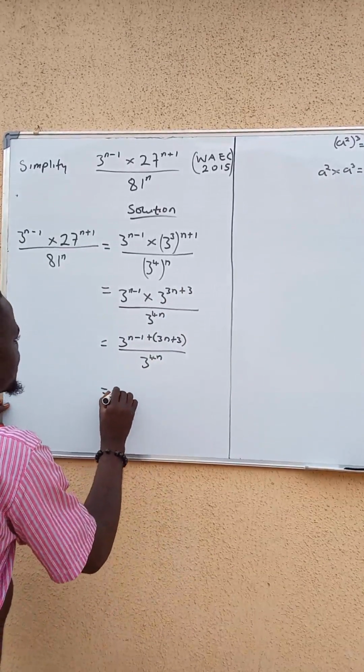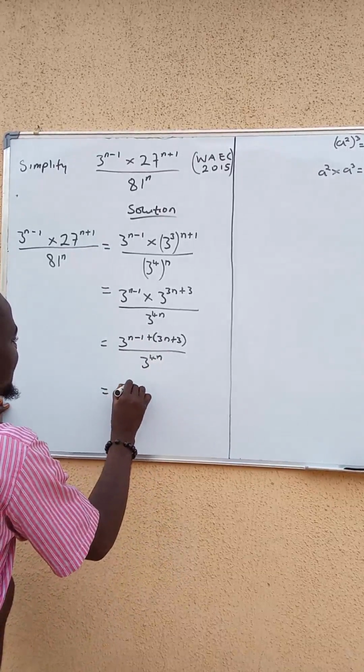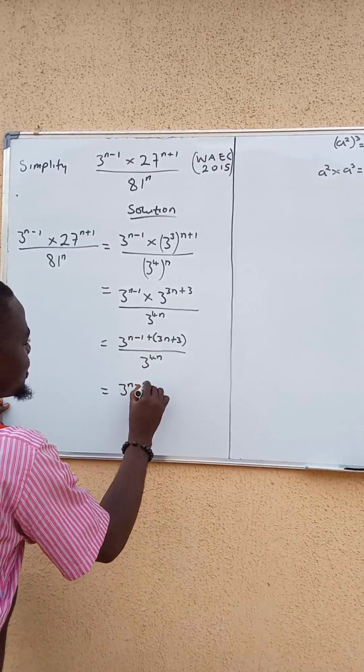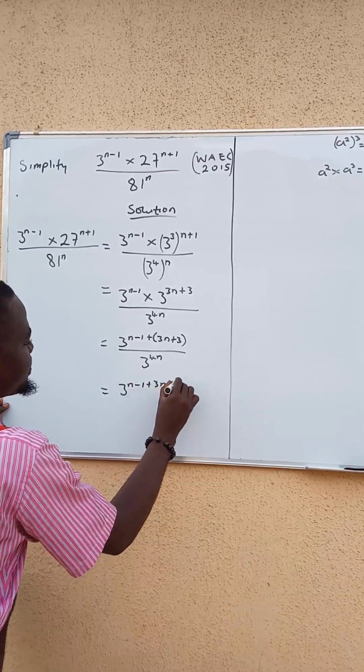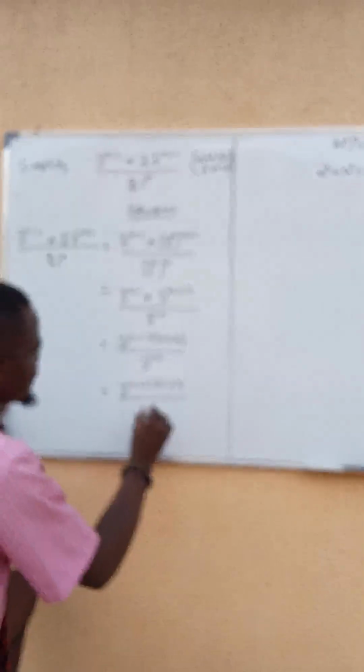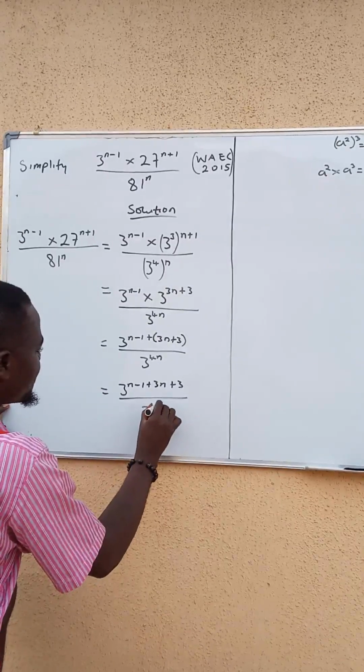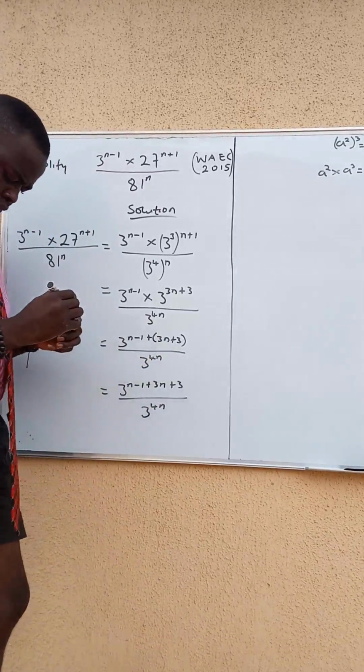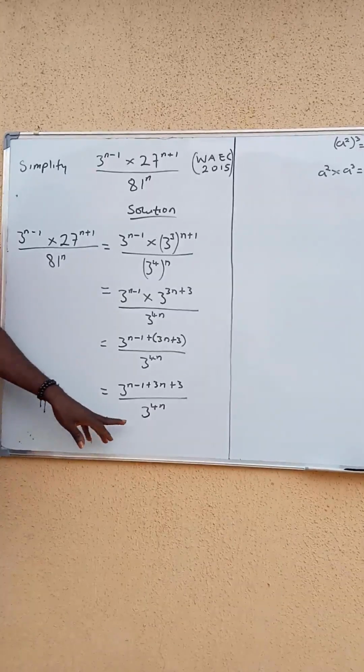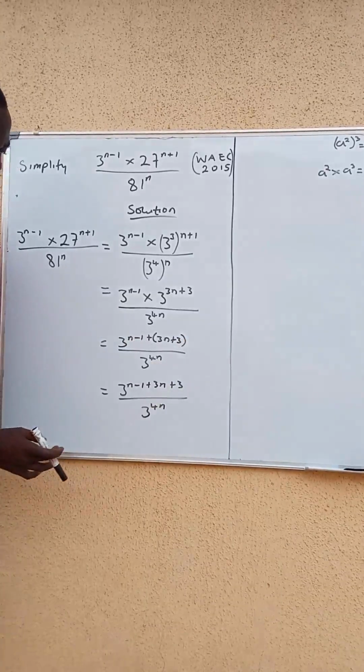So you must make sure you arrange them very well. So this will now give me what? 3 raised to the power of n minus 1 plus 3n plus 3 over 3 raised to the power of 4n. Good. Now when I have something like this, I just open the brackets.